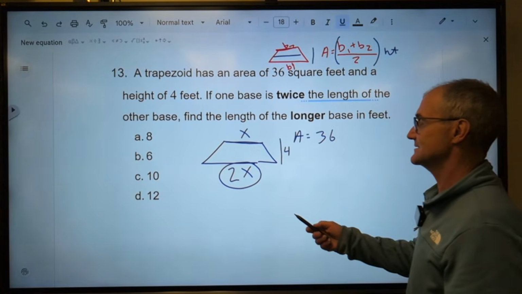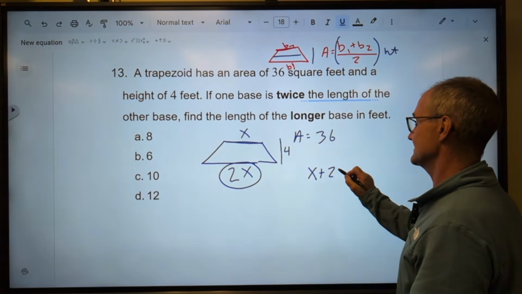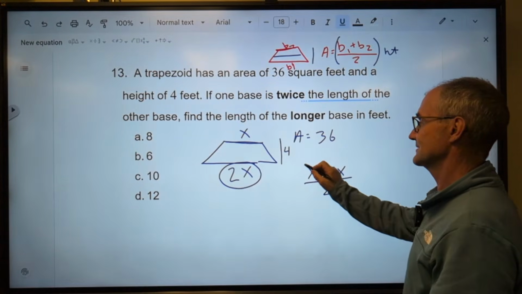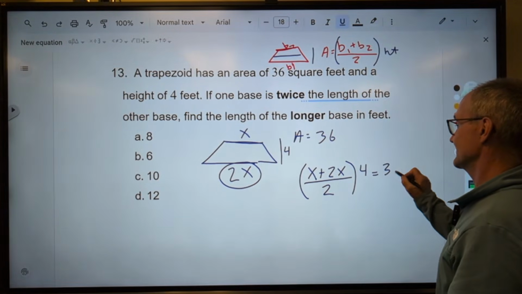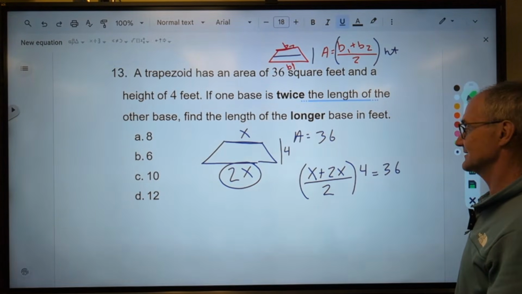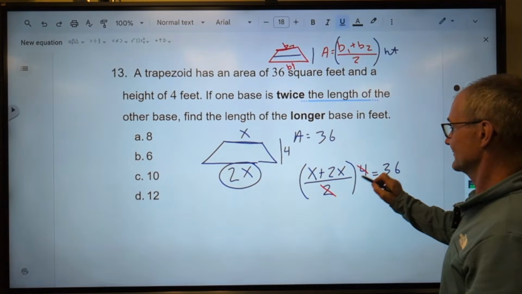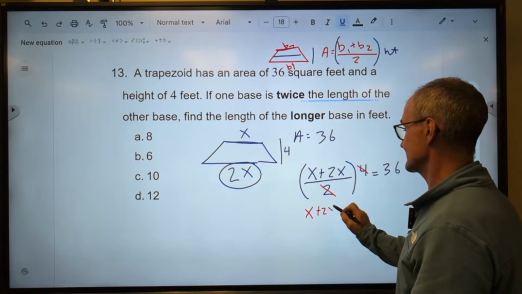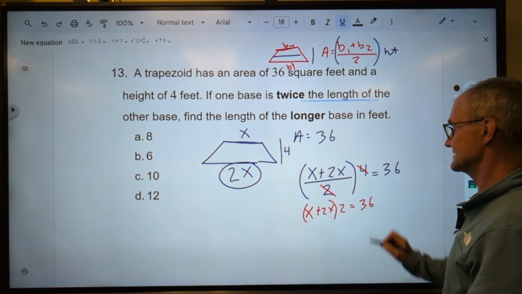Step 2, step 3, create that equation. Well, that means base 1 plus base 2 divided by 2 times the height is equal to the area. It's a hard equation right there. Then I'm going to just multiply right here. 2 goes into 4 2 times, so I have x plus 2x, 3x times 2 equals 36.